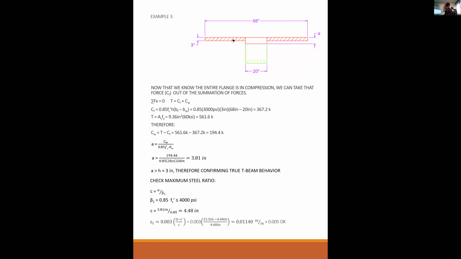So you would have to take the area of the overhanging flange times a distance of h/2 plus the area of the web times a centroid of a/2, and then divide that by the area of the flange and the web together. And that basically gets you a resultant of C sub F and C sub W.